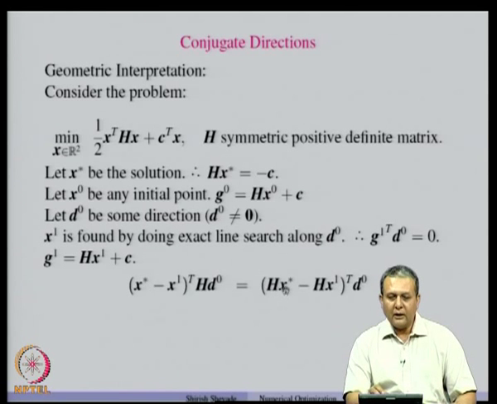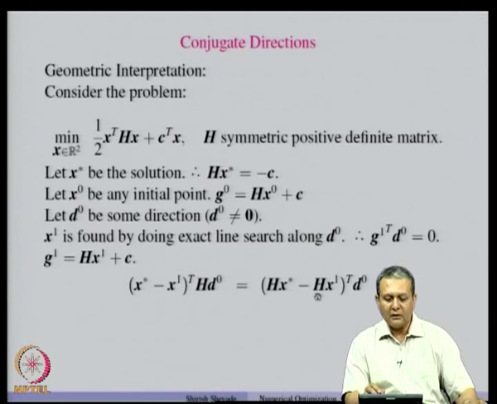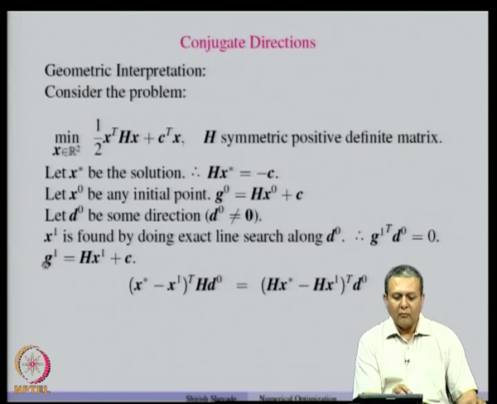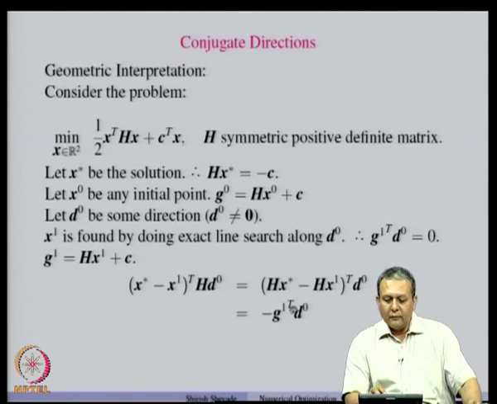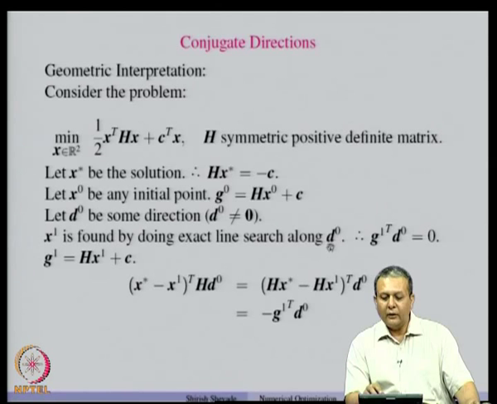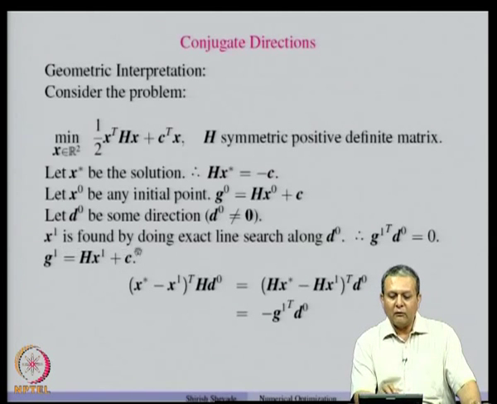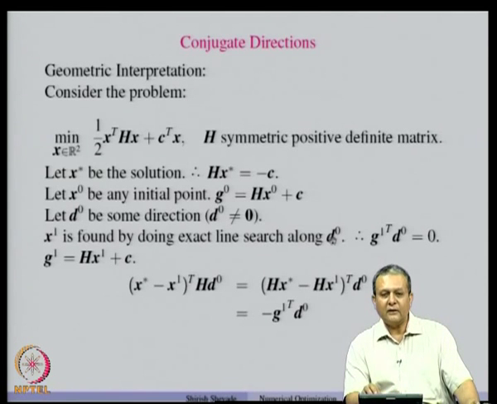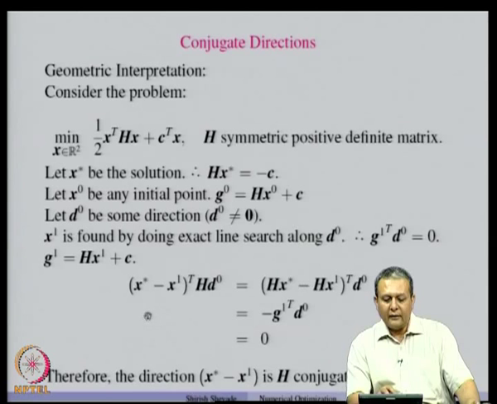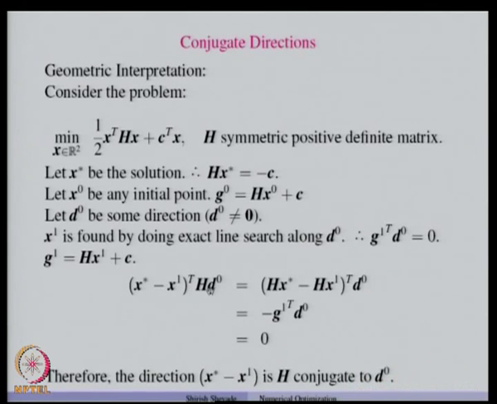So, what we have in the parenthesis is minus c minus Hx1, and minus c minus Hx1 is nothing but minus g1. So, we have minus g1 transpose d0, and we know that x1 was found by doing exact line search along d0. Therefore, g1 transpose d0 is equal to 0, and therefore this quantity is 0, and therefore x star minus x1 is H conjugate to d0.